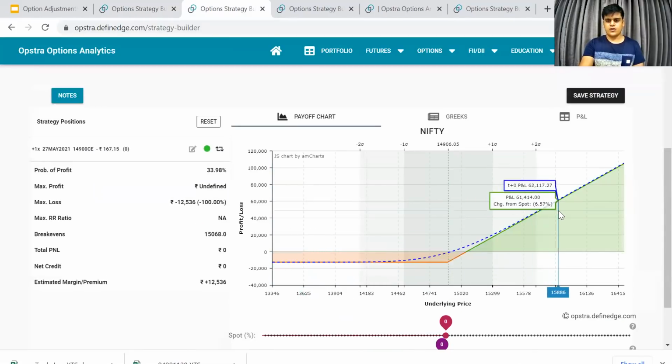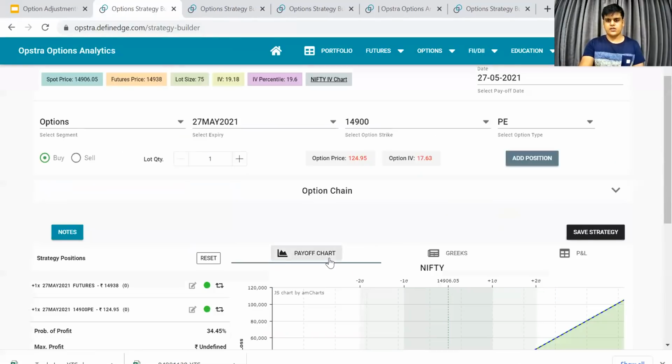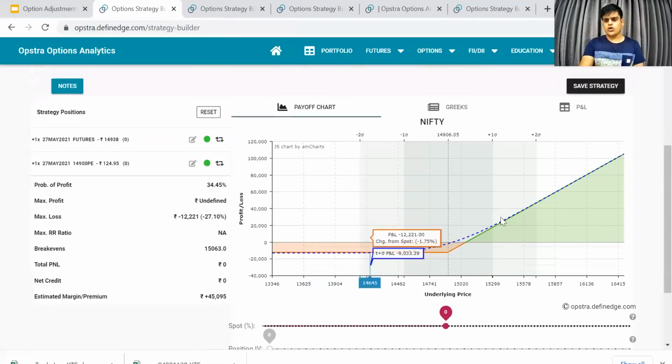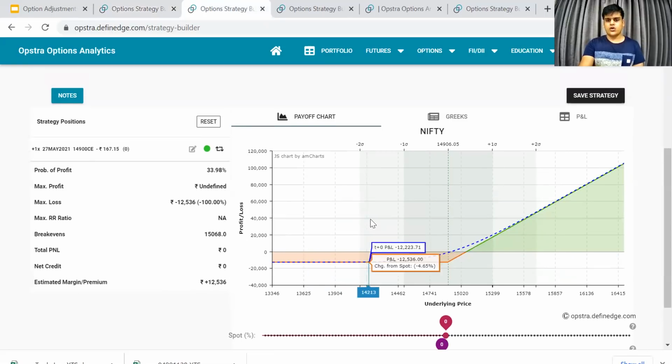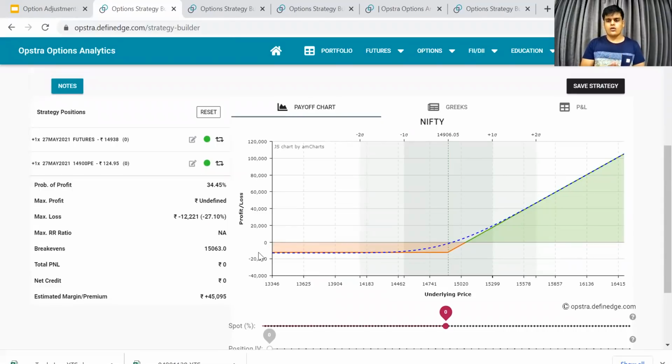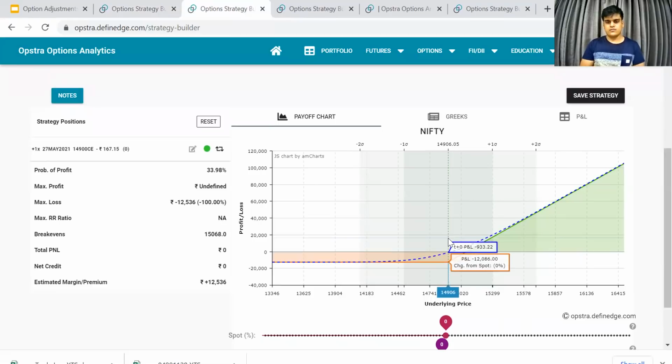See, this is the payoff. And what is the payoff of this? You can see that both have similar payoffs. So this is stock price plus put price, and this is only call price. When I say stock, I mean futures here because we are dealing with futures and options. So futures plus the ATM put is equivalent to the ATM call.